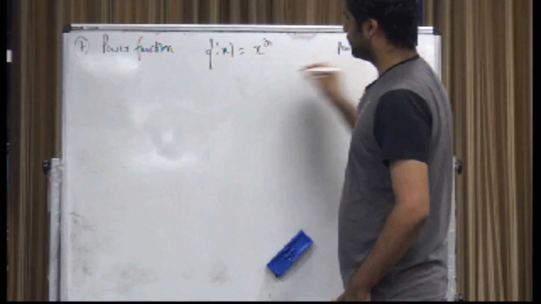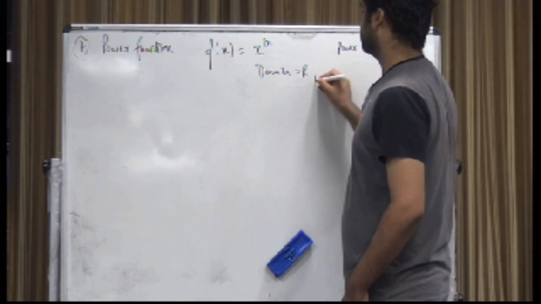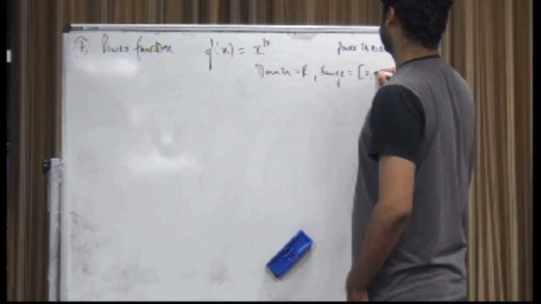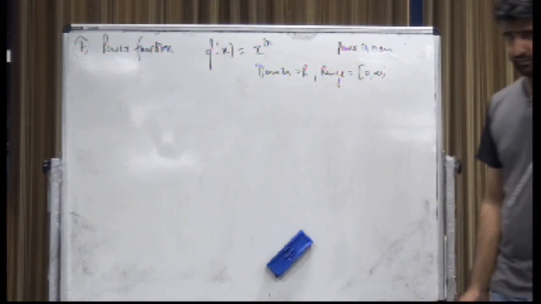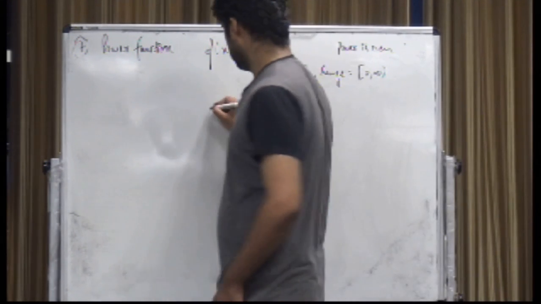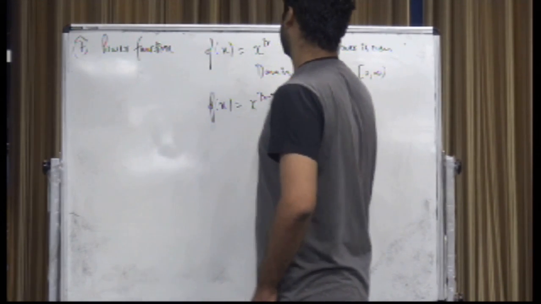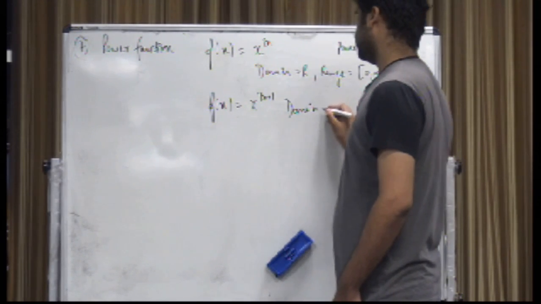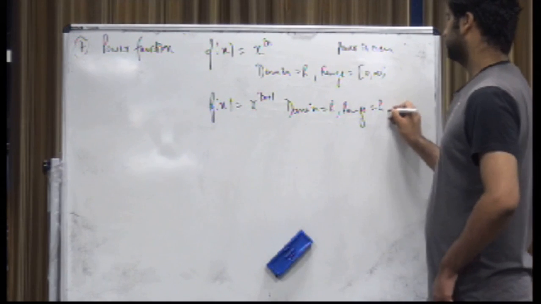So in this case the domain will be all real numbers and the range will be 0 to infinity, because you are not getting any negative answers. If you have x to the power 2n plus 1, the domain will be all real numbers, range all real numbers.